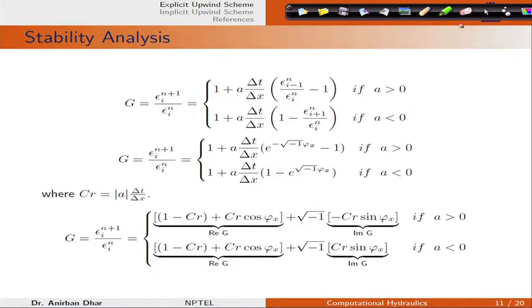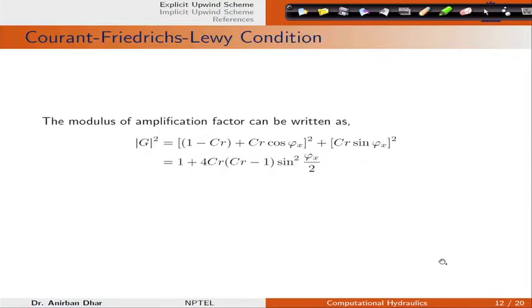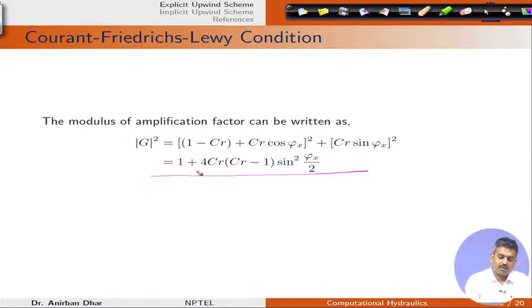Now, we need to evaluate the modulus of G. So, if we evaluate the modulus of G in this case, basically we are taking the square of the real and imaginary part. Now, this comes to this simplified form: 1 plus 4 CR minus 1 sin square phi x by 2.